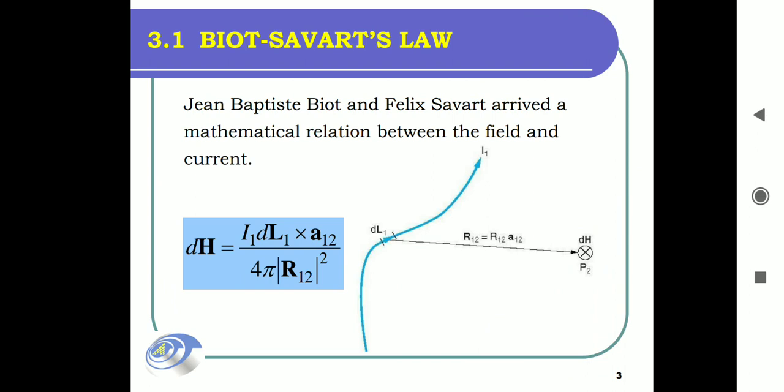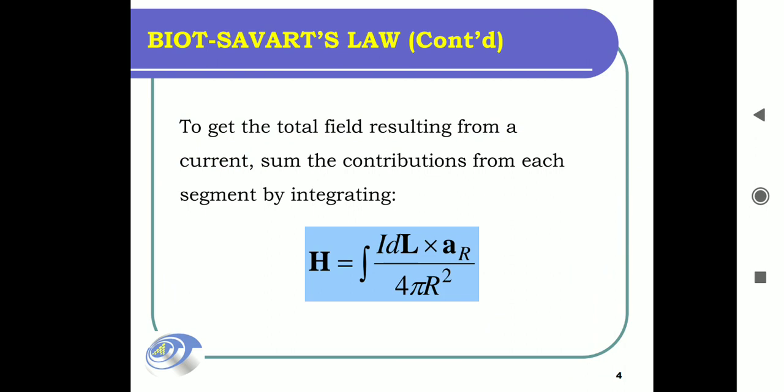This is the expression we derived yesterday: dH, the magnetic field intensity, is directly proportional to the current I and the differential length times the unit vector, divided by 4 pi r12 the whole squared, where a12 is the unit vector, which I can derive as the r vector upon the magnitude of the r vector. The same thing can be extended in the form of an integration as well, and this equation is called the integral form of Biot-Savart's law.